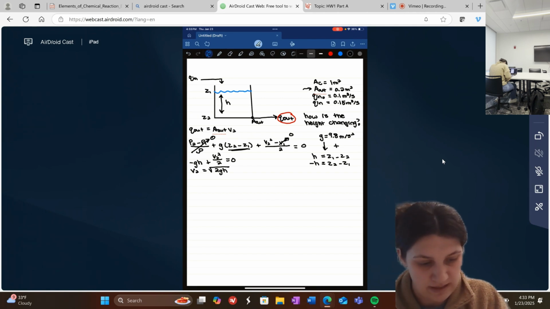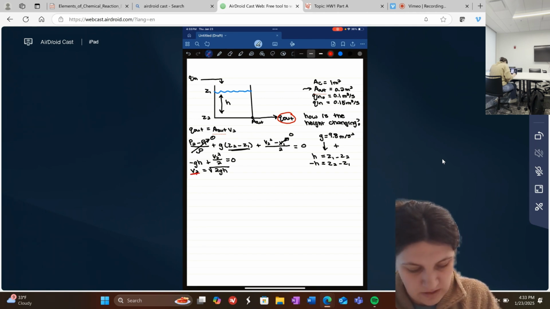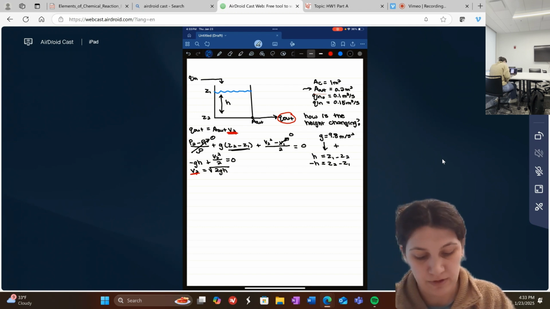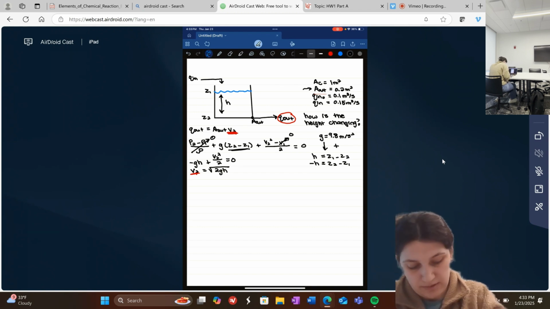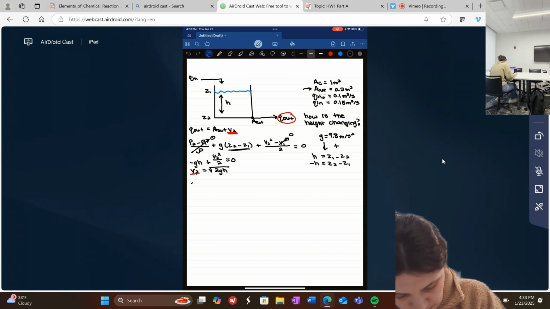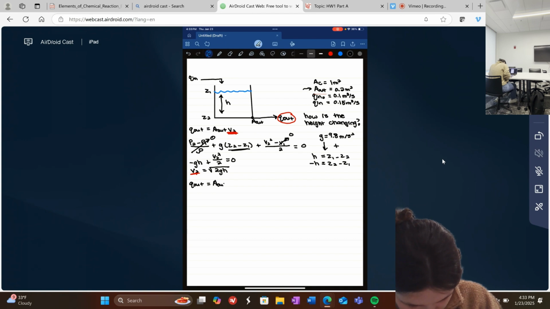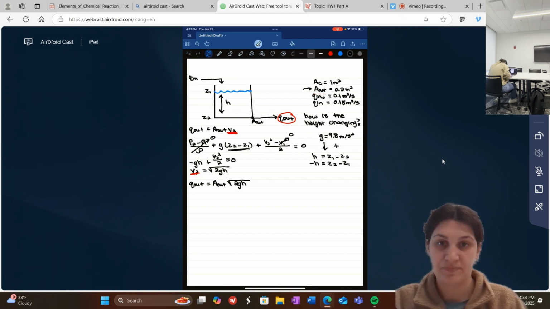Now that we have that, we can take this V2 and substitute it into our Q out equation. So now we have Q out is equal to A out times the square root of 2GH.